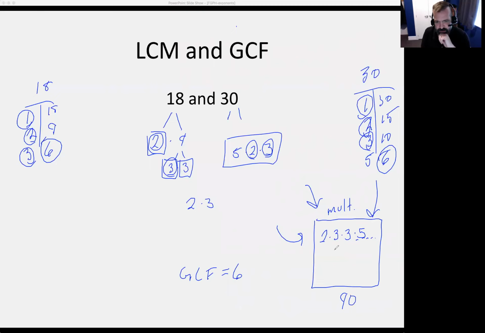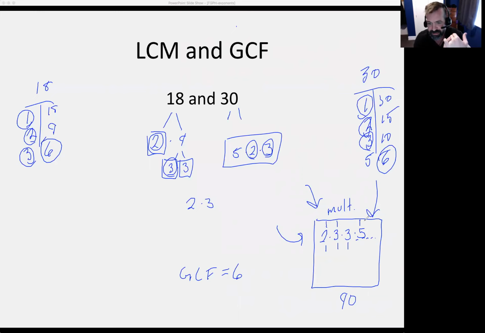So by getting a 2, a 3, and a 3, I have enough ingredients to make an 18. And with a 2, a 3, and a 5, I have the minimum ingredients to make 30.